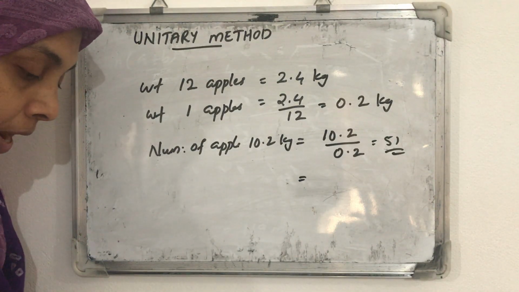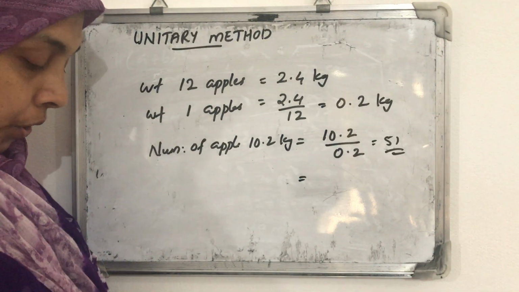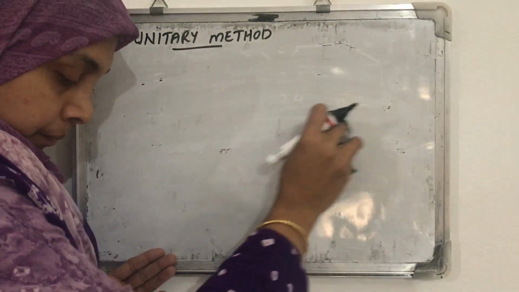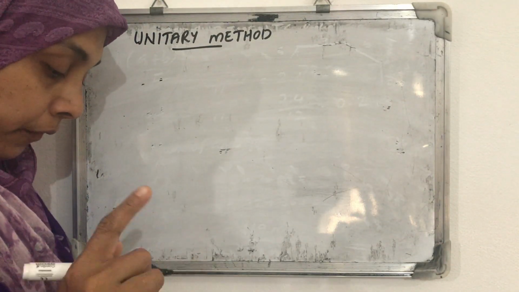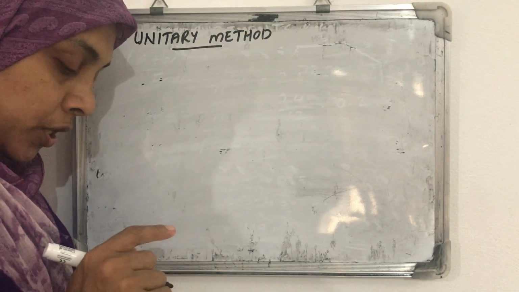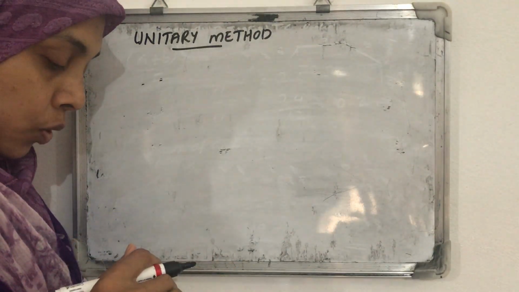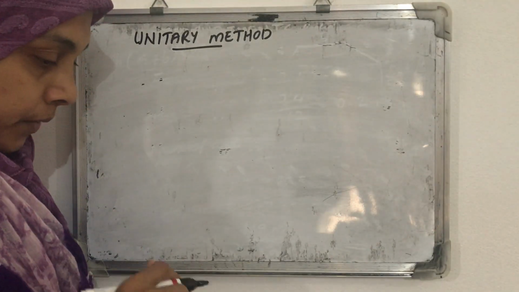50 people consume an average of 110 kilogram of rice in a week. If 20 more people join this group, how many kilograms of rice will be needed for a week? That is the question.